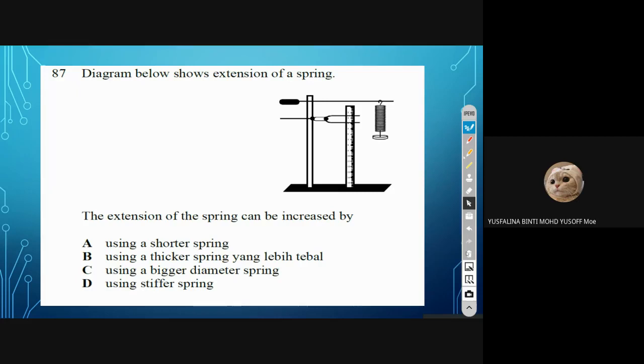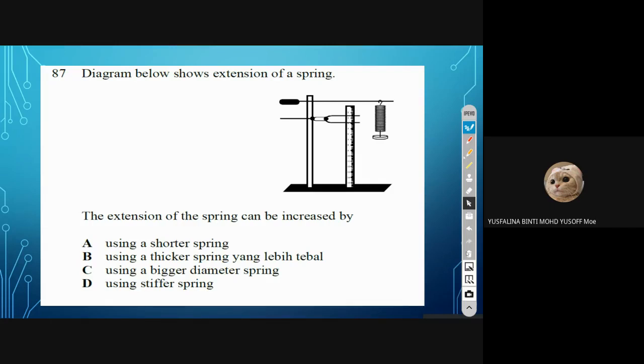So to increase the extension, you have to use a spring that is less stiff. We already learned the factors affecting the extension or the stiffness of the spring. Use a shorter spring: a shorter spring becomes stiffer, so the extension is not increased, it will be decreased.